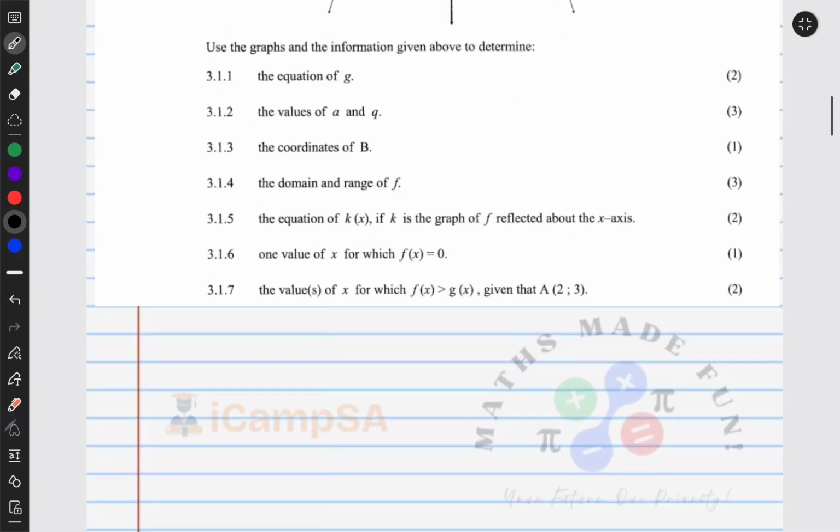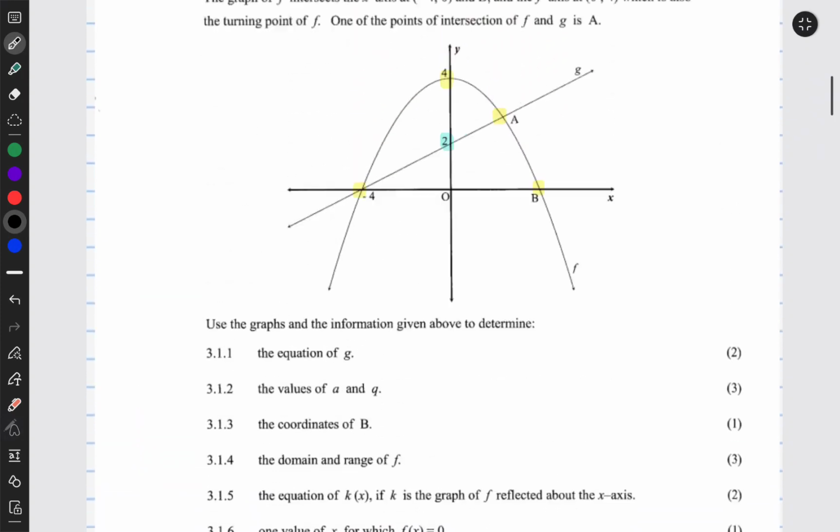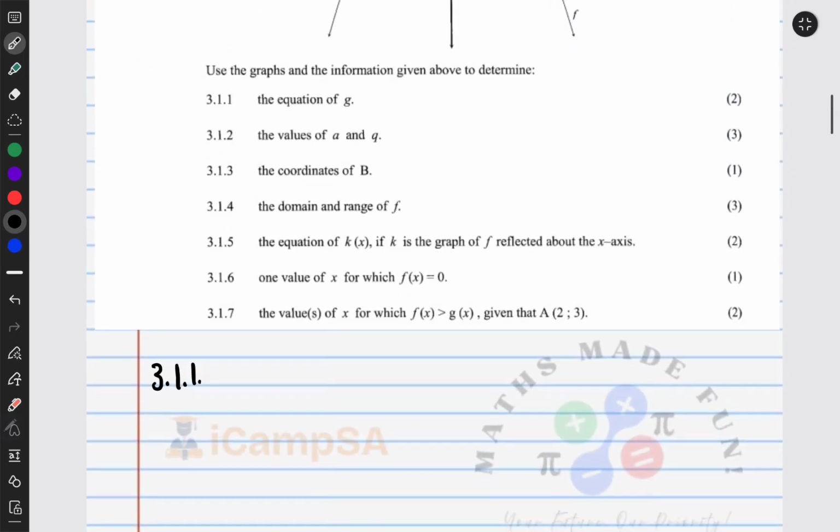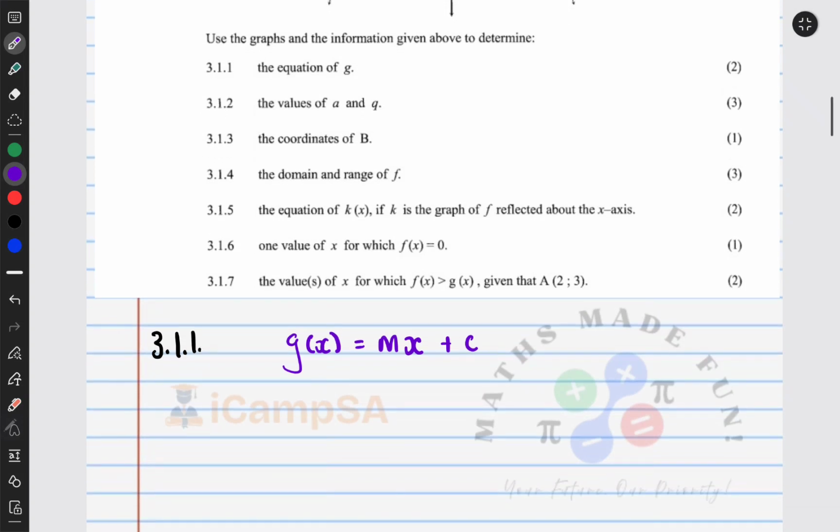Okay, so we start writing here. 3.1.1, the equation of g, the straight line function. Let's start by writing that g of x is equal to mx plus c, and we are saying c is the y-intercept, where x is equal to 0.